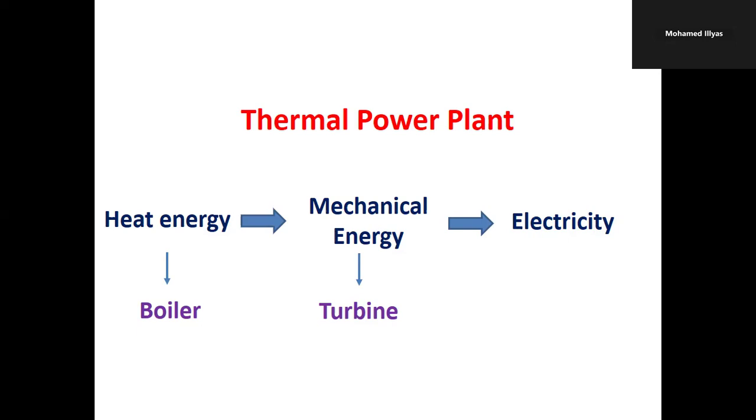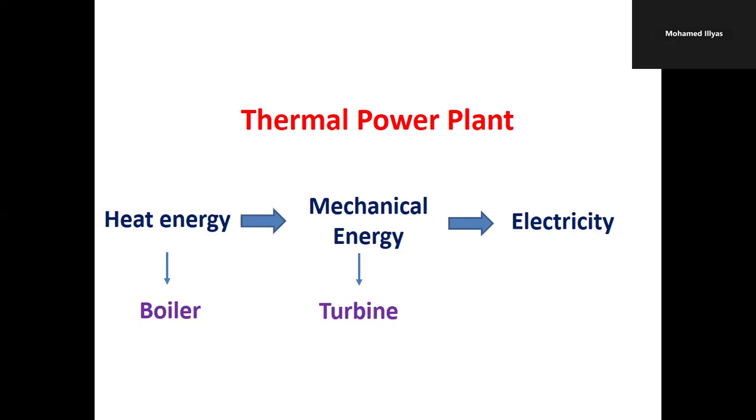So turbine is a device which is used to expand the working fluids like steam or gases, and this heat energy is converted into mechanical energy by the turbine shaft, and in turn turbine shaft is connected to the electrical generator.